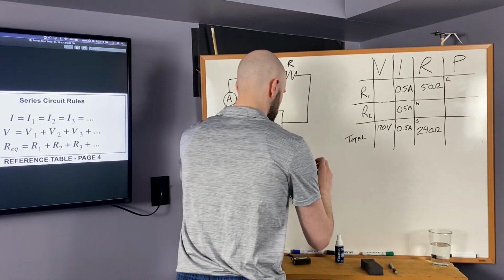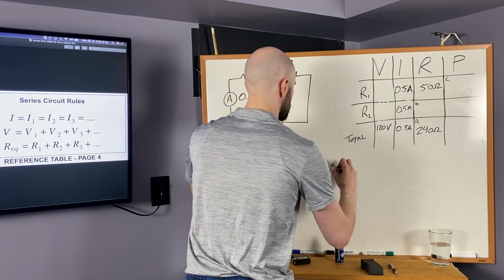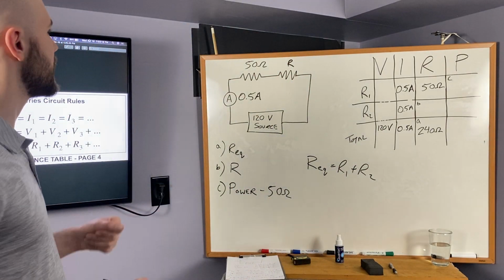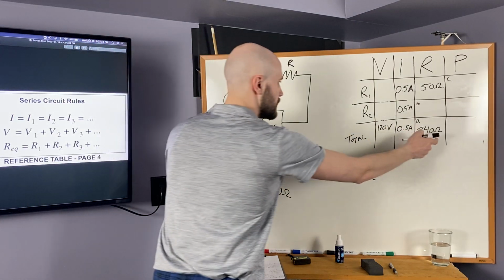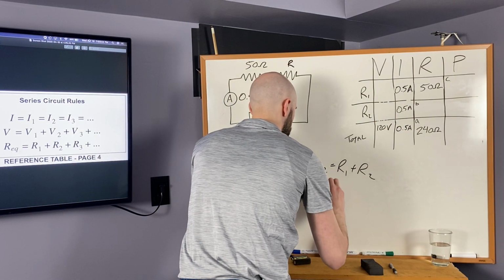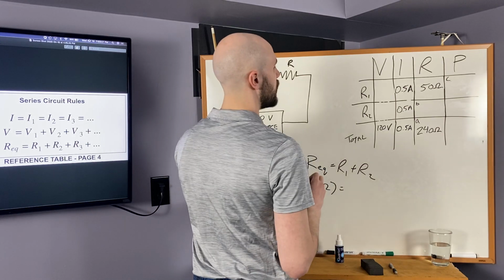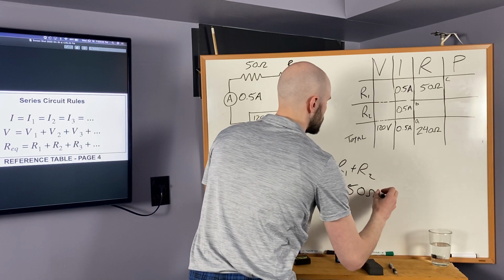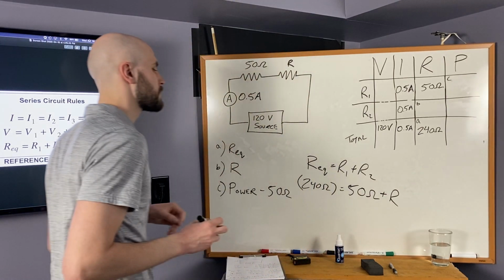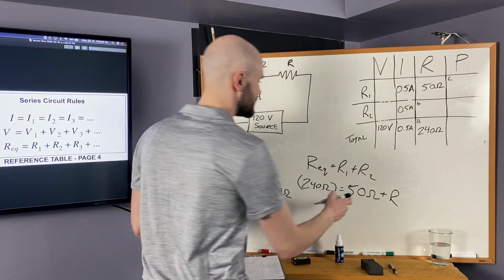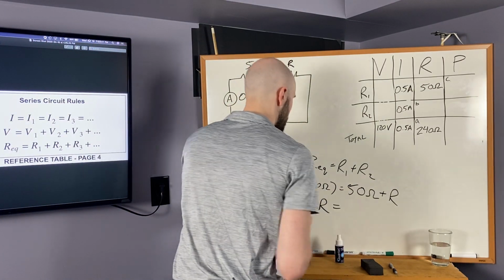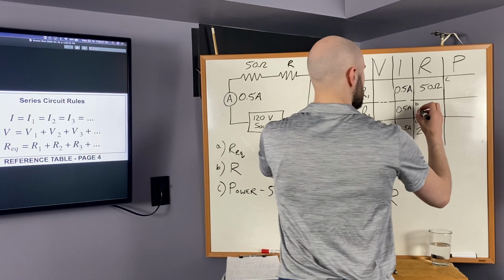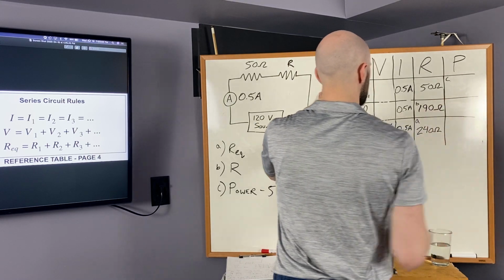Well, for a series circuit, Req is equal to R1 plus R2. There's only 2 resistors here, so we only have to add up those 2. We know the equivalent resistance now is 240 ohms. R1 is 50 ohms. And R2 is what we're interested in. 240 minus 50, that value is 190 ohms. That's here. We know part B.